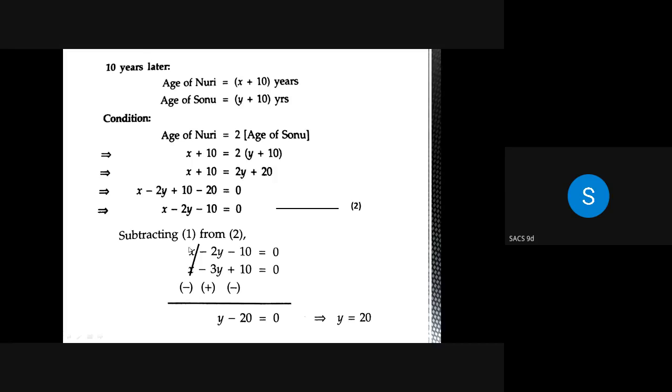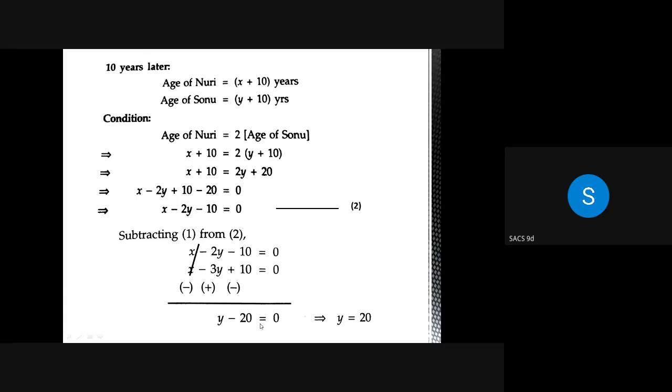So again here the coefficient of x is already the same. x has coefficient 1 in both. So you don't need to multiply the equations with anything. You can simply subtract. So when I subtract, I have to change the sign of all the terms. So x becomes minus x. Then minus 3y becomes plus 3y and plus 10 becomes minus 10. So I get y minus 20 equal to 0.